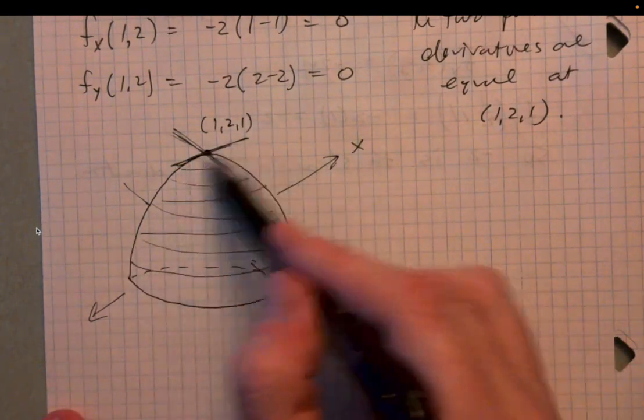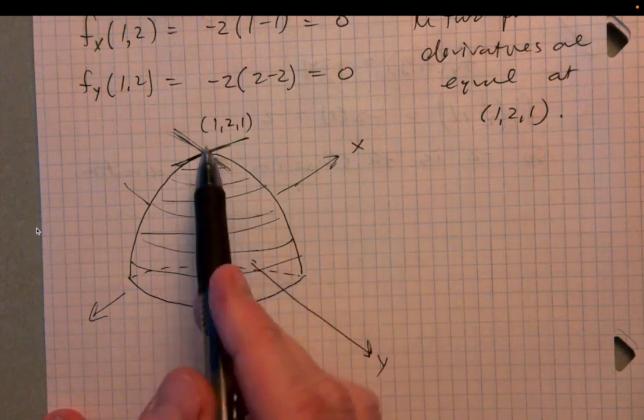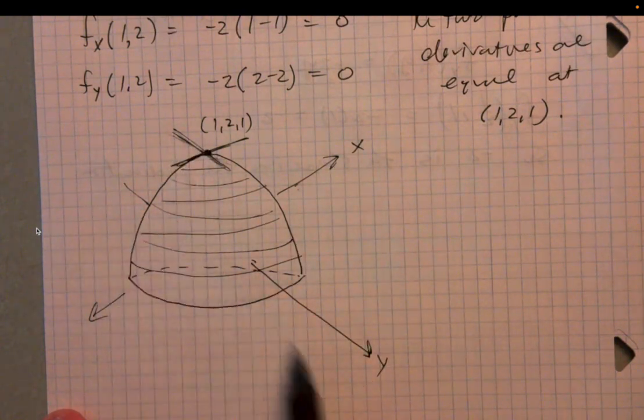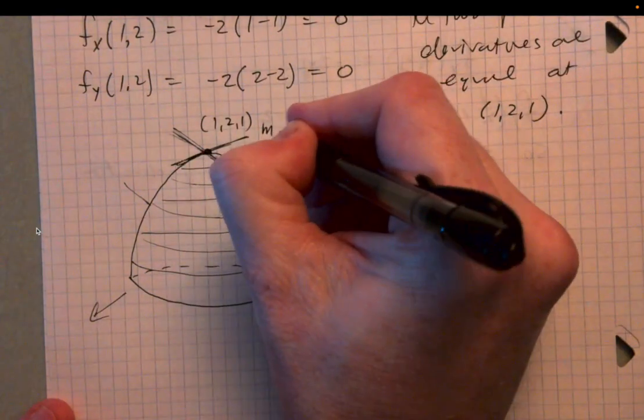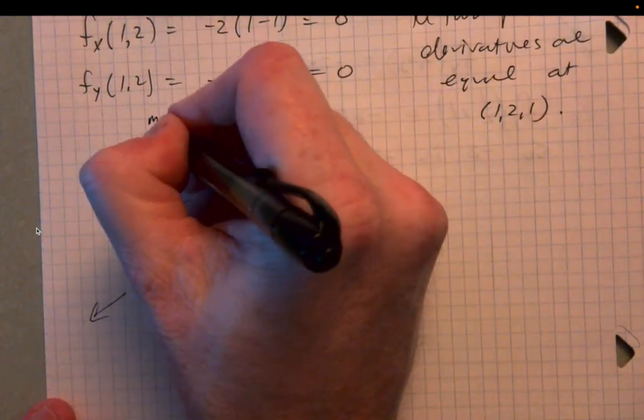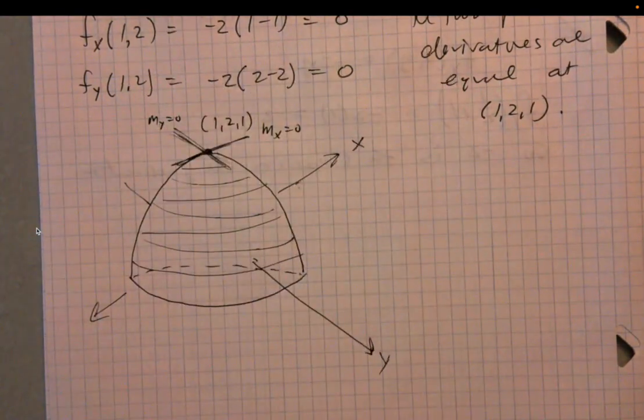This one is meant to indicate that it's parallel to the x-axis, and this one is parallel to the y-axis. That's how you have a slope of 0 for both of them, because at this point, this is the topmost point of this shape.